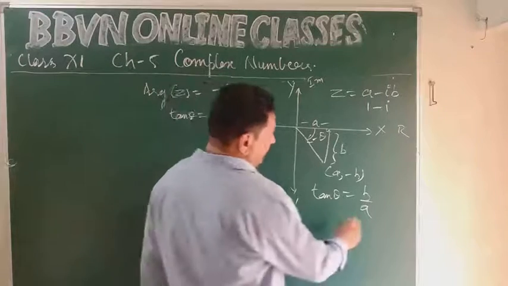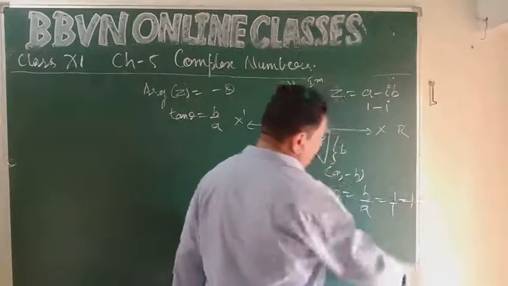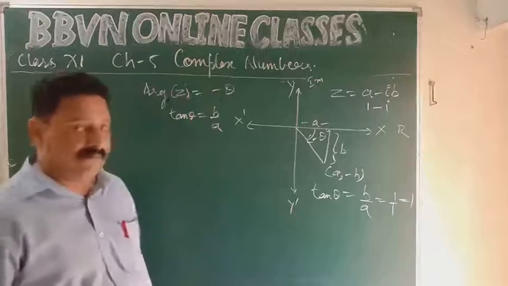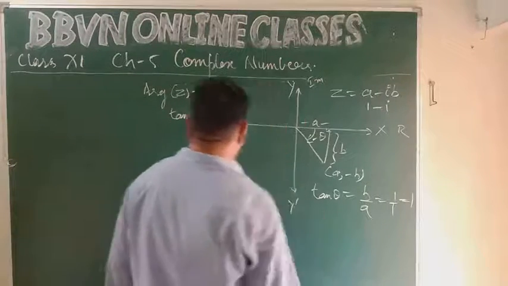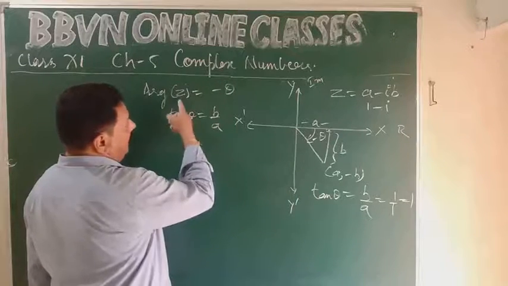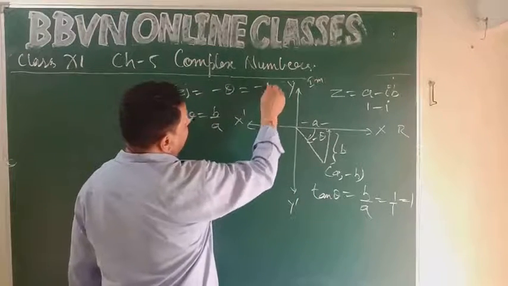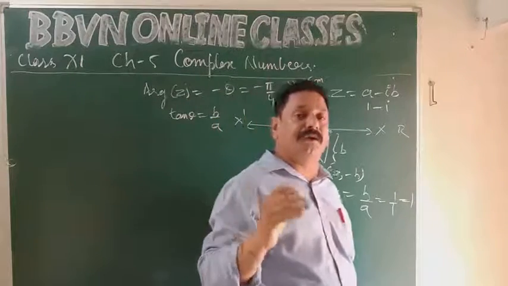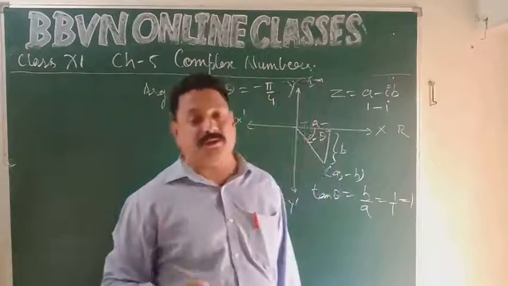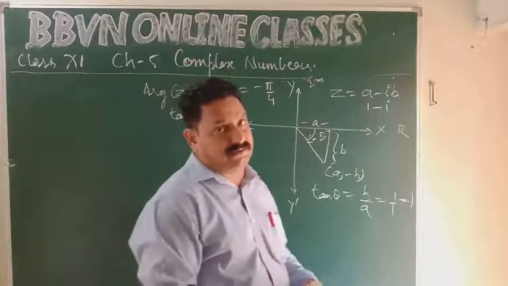Then tan theta equal to 1 upon 1, that is 1. When do we get 1 for the tangent ratio? When theta is 45 degrees, that is pi by 4. So argument of z will become minus pi by 4. Minus is just the direction, the angle is being formed in the clockwise direction. Clockwise direction is the negative direction of measuring the angle.